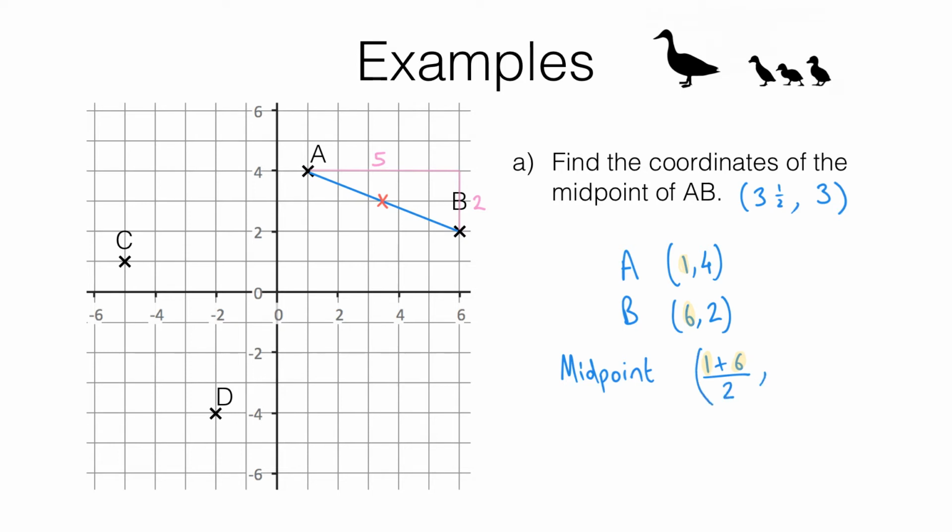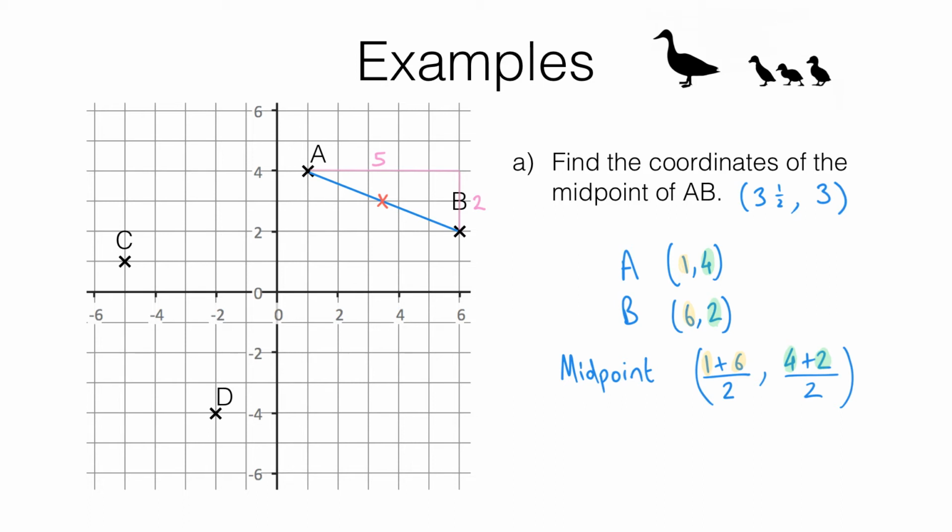That's going to give us our x-coordinate. And then to find what's halfway between 4 and 2, we're simply going to add those values together and divide by 2. And that gives me the coordinates of the midpoint.